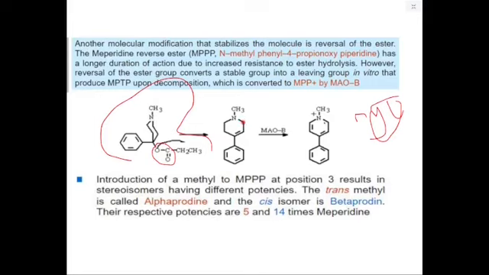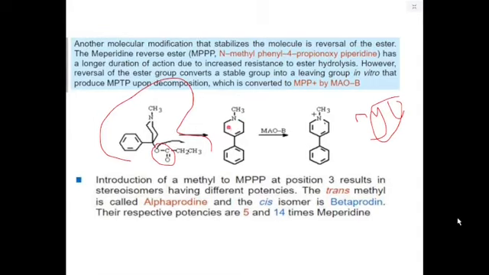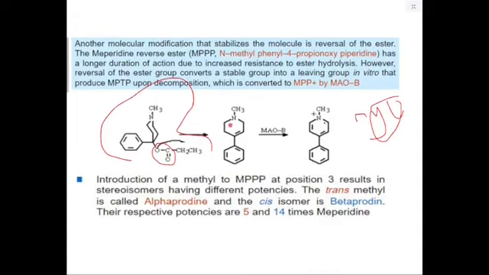One, this carbon, if it was pyridine, you'd have a double bond there, there, and there. So remember, piperidine is that compound.